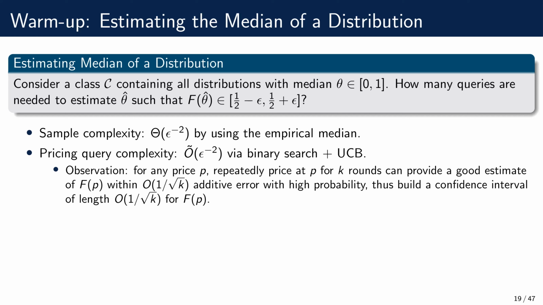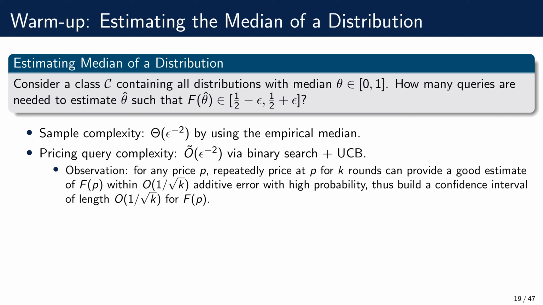We are going to use binary search and the idea of confidence intervals from algorithms like UCB, plus the observation that for any price P, if we repeatedly price at the same price for K rounds, then we can get an estimate of the quantile of P in the distribution within an additive error of 1 over square root K. This happens with high probability.